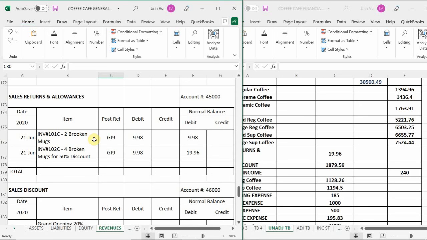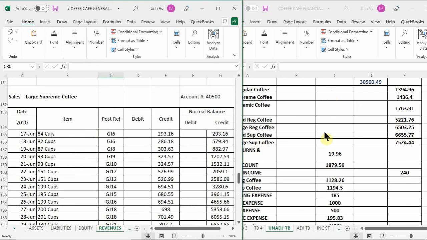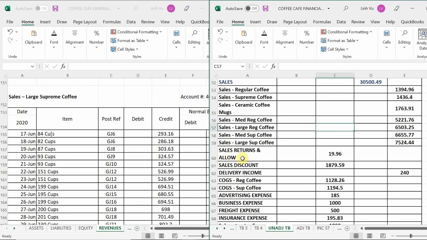It doesn't have to necessarily be a sub account. So we have this one with the sales discount. Those are going to be contra main accounts, so they too are going to have their own separate. Now again, sales returns and allowances is a debit, and sales discount is also a debit.